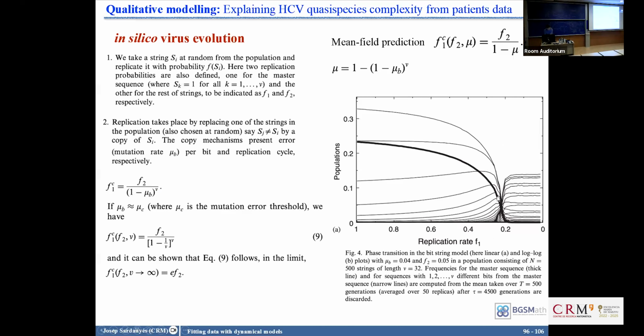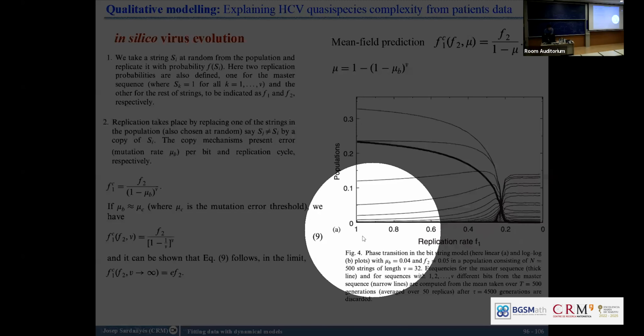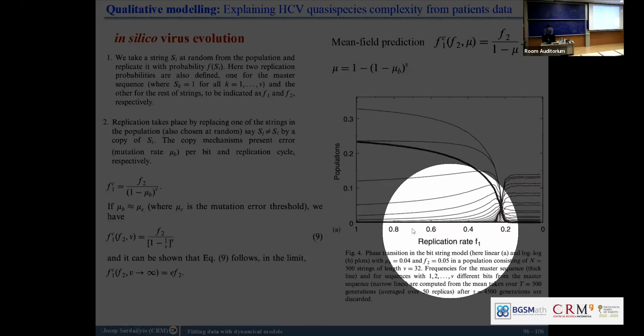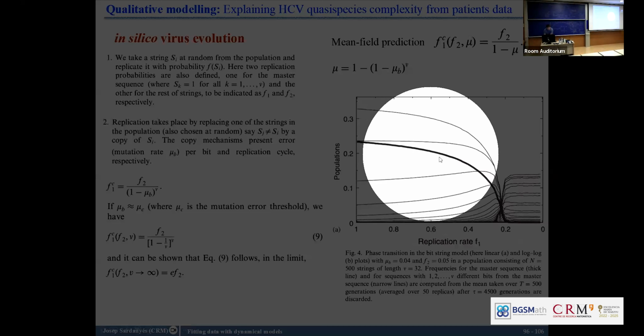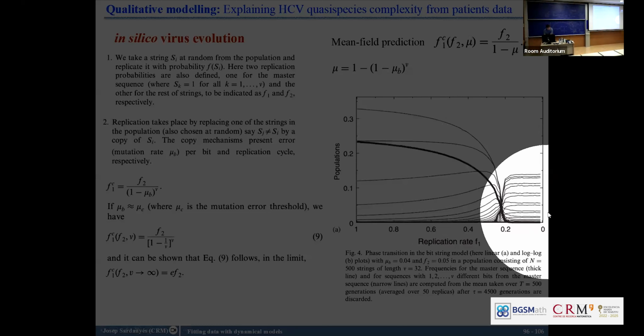If you remember, what the people in this hospital, the Figueras Hospital, observed is that those patients with low viral load of the initial virus had higher variability. So what happens if we decrease the replication rate of the master genome? We go to scenarios of low viral load.